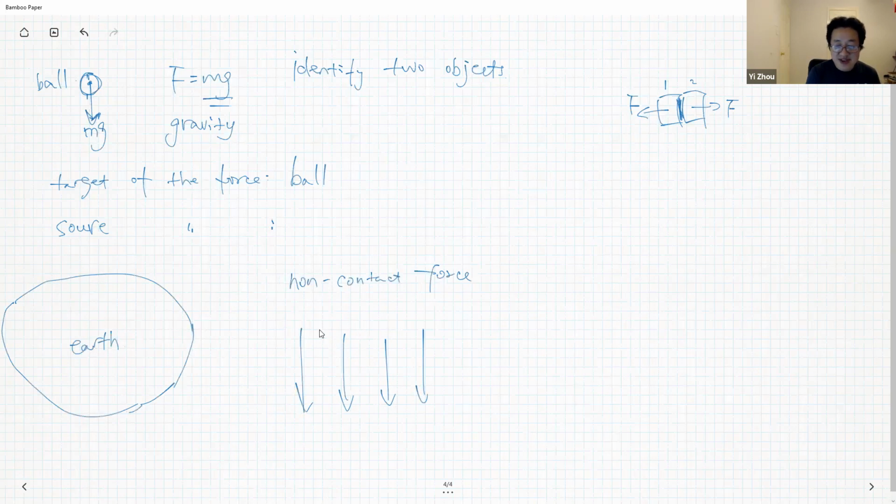For example, if this is the electric field, and you have a positive charged particle in the field, it will feel a force. So who can tell me the force direction for this one?